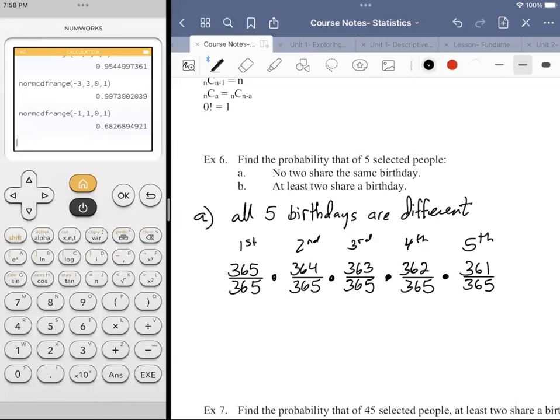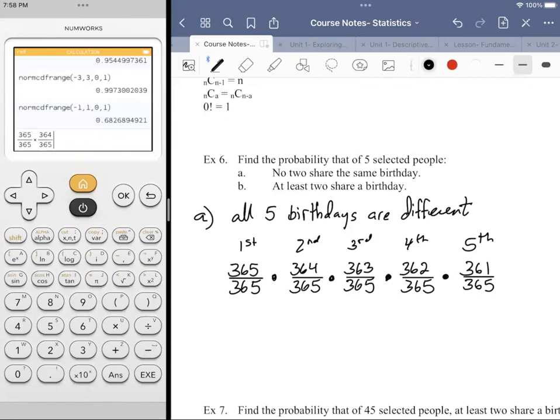The first way, again, is 365 out of 365 times 364 out of 365, hitting the division bar and the right arrow. Type in the numerator, hit the division bar, type in the denominator, hit the right arrow, times 363 divided by 365, times 362 divided by 365, times 361 divided by 365.